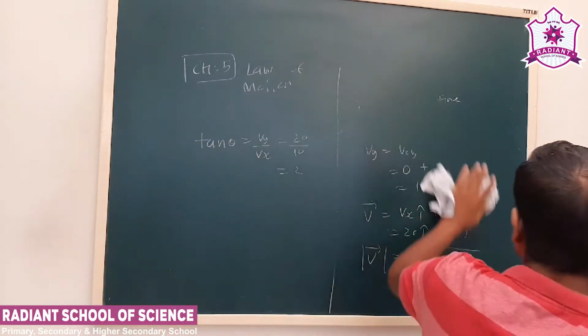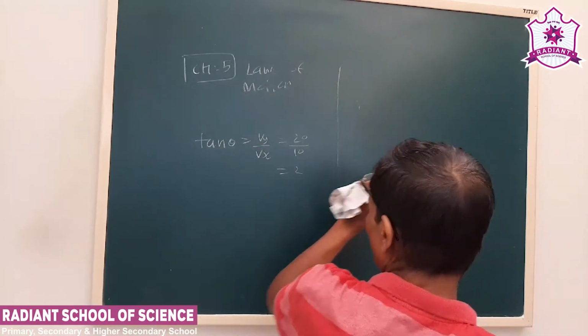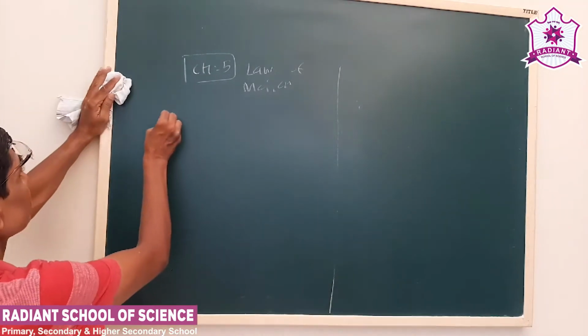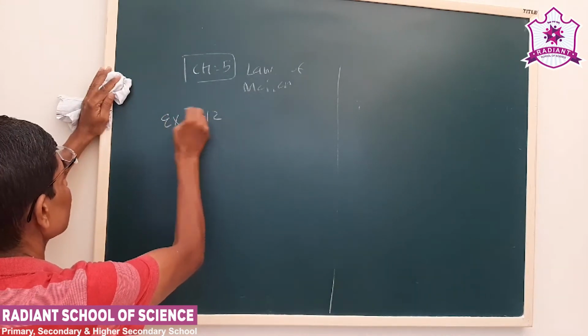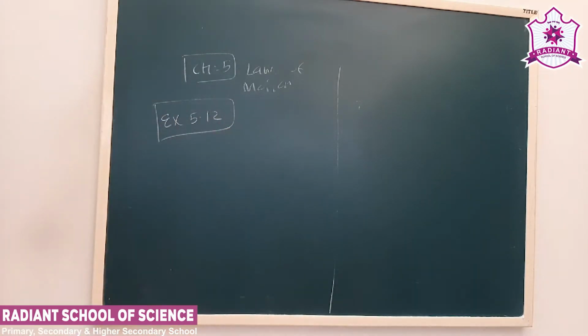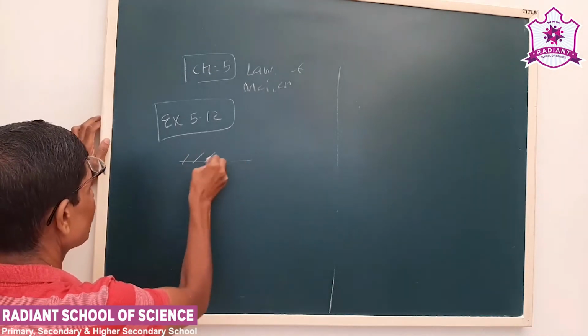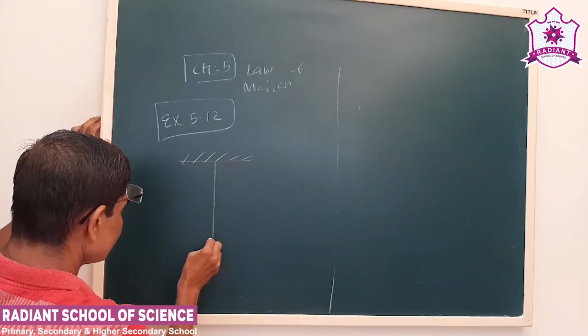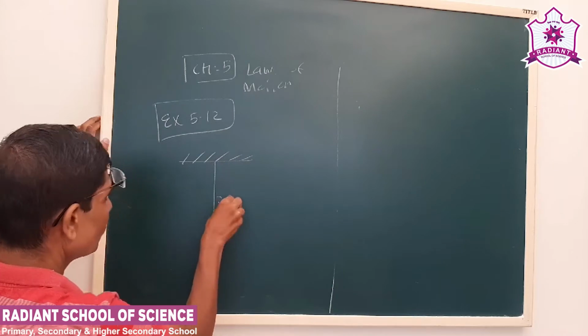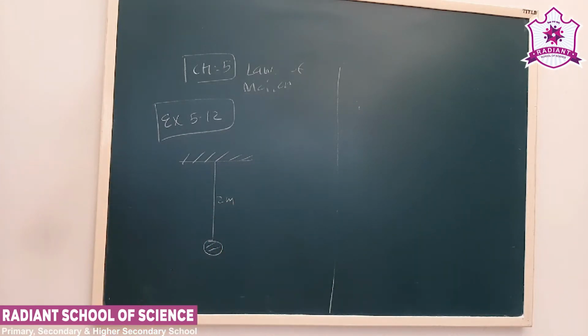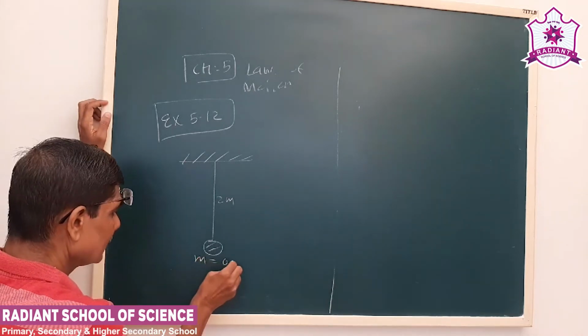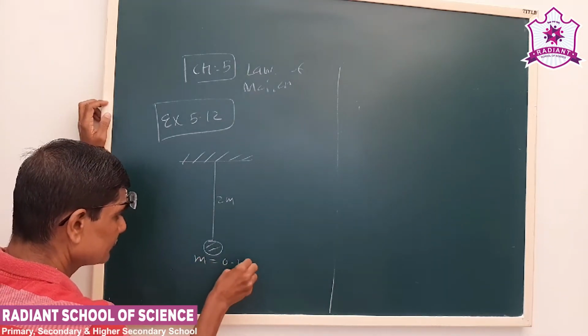Now see our next question, exercise number 5.12. This is the ceiling of a room. A 2 meter long rope or thread, a string, is hanging like this. Mass is 1 kg.